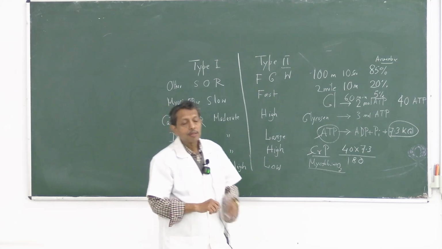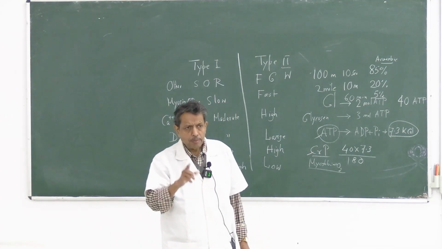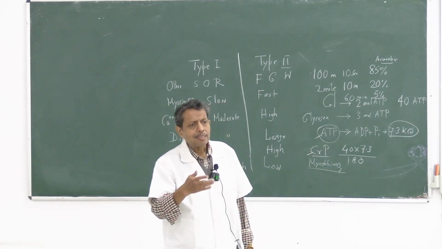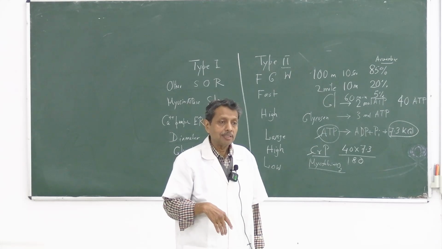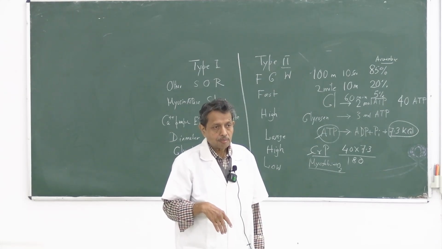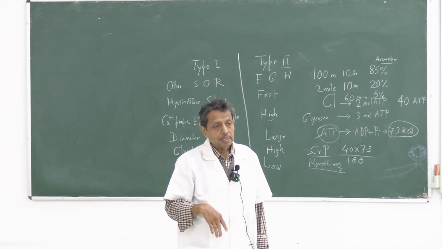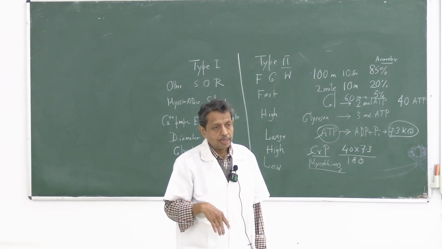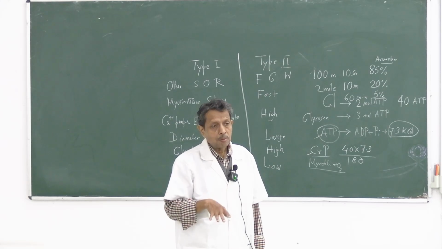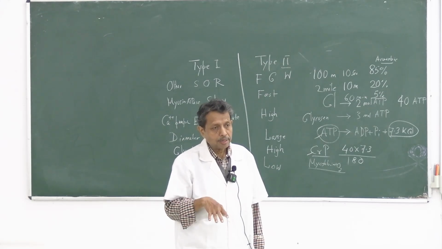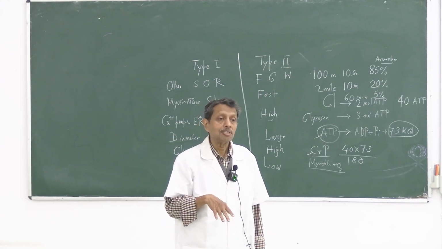In athletes, during their practice, there are some changes within their muscles, and their oxidative capacity increases. There is an increase in the number of mitochondria, and they are more vascular, and their efficiency increases.